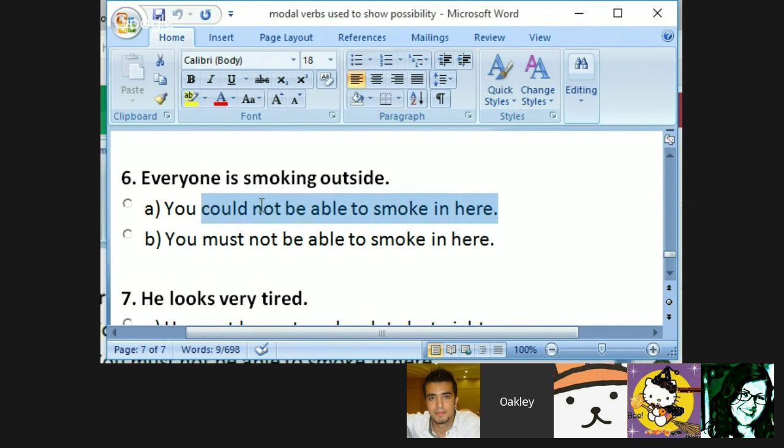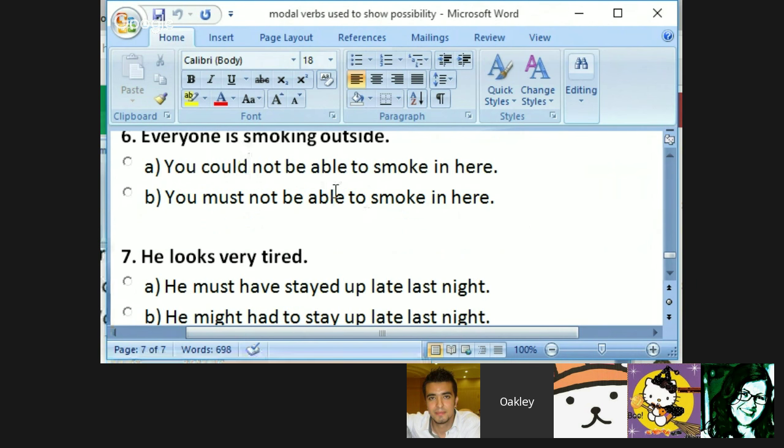Again, the A doesn't make sense because can and could not only have to do with an option, they also sometimes have to do with ability, like I can swim. When you're talking about ability, can is present tense and could is past tense. So it can be very confusing in sentences like this because you don't know if you're talking about ability or it doesn't make sense.